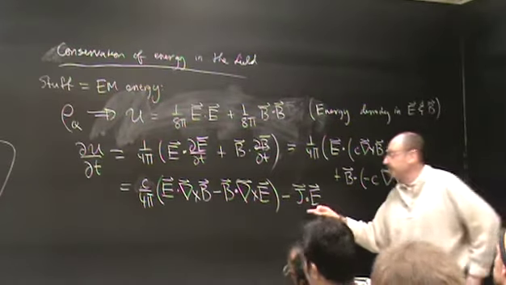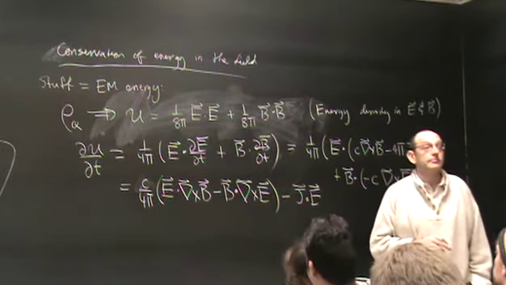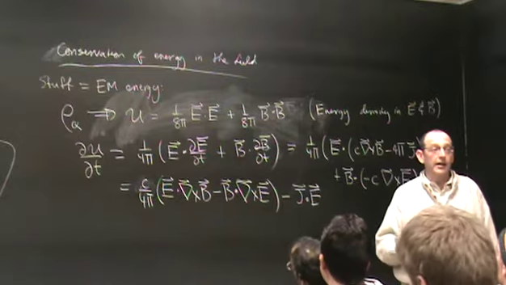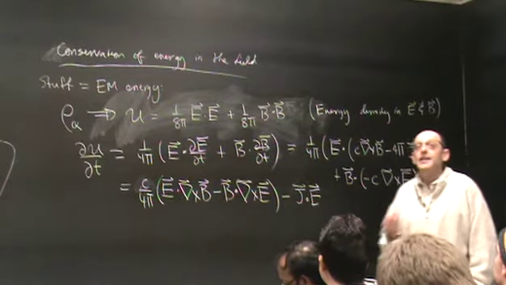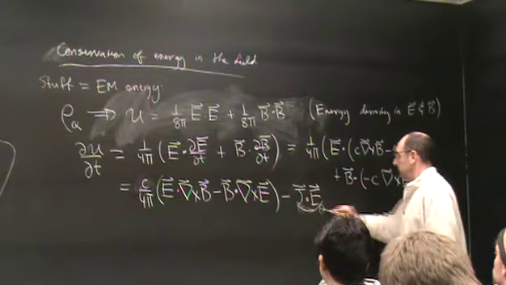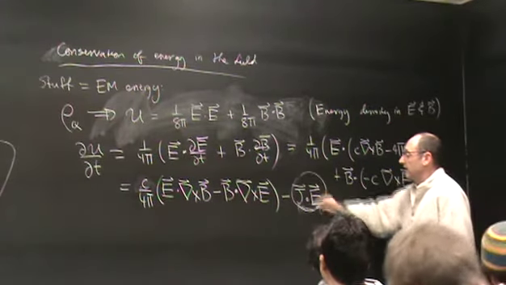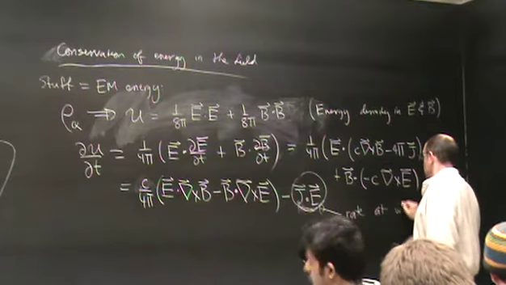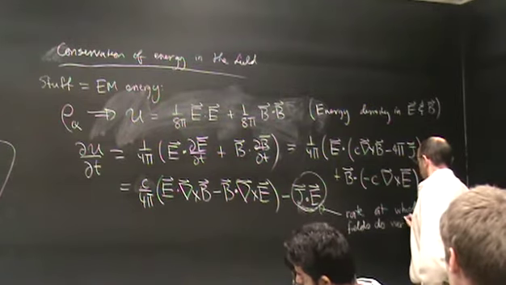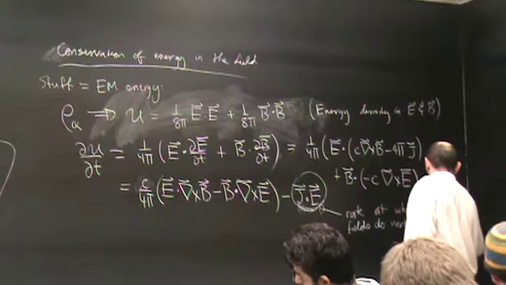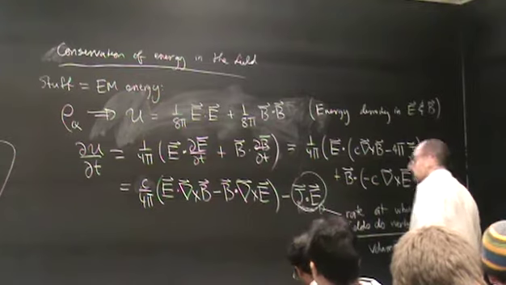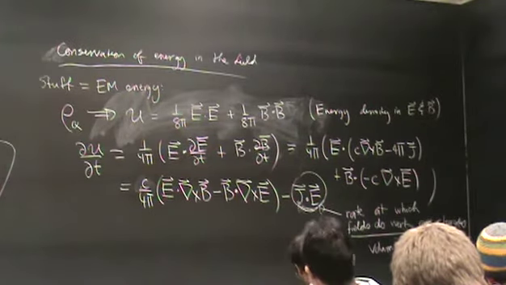Now, what is this? J dot E. You remember we discussed at the beginning last week the whole idea of Ohmic heating, that J dot E was the rate at which fields do work on charges per unit volume. Right? That's what we call Ohmic heating.